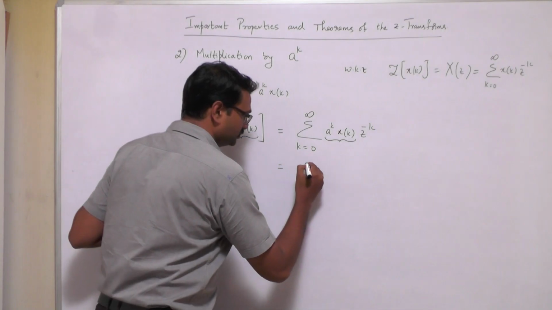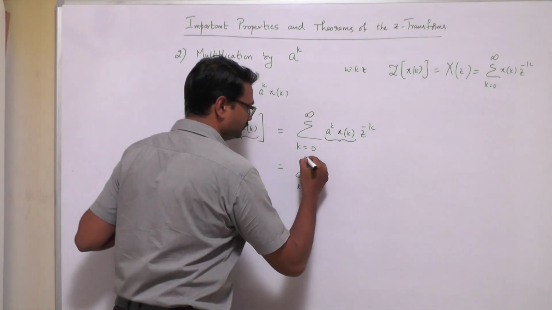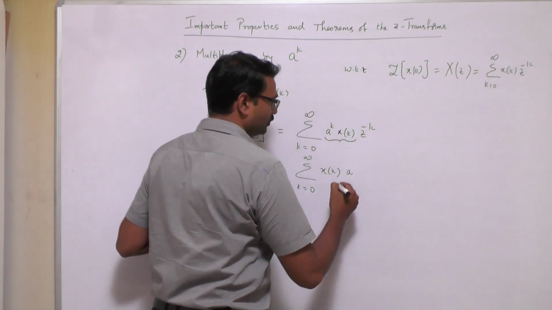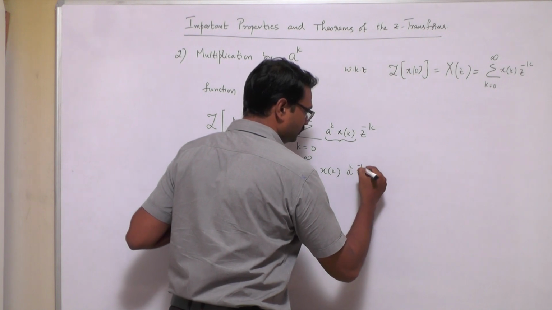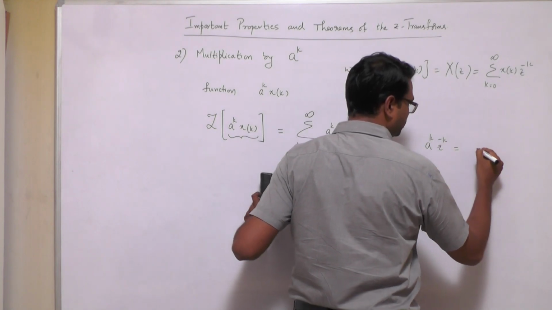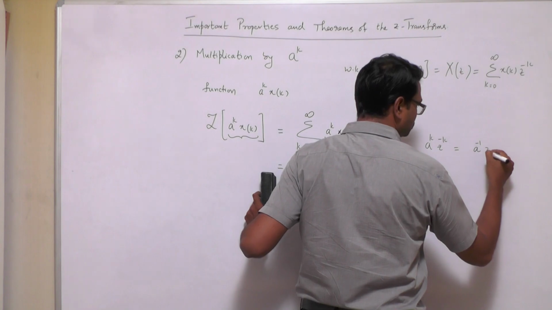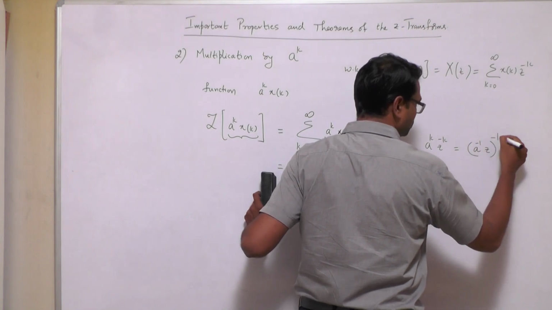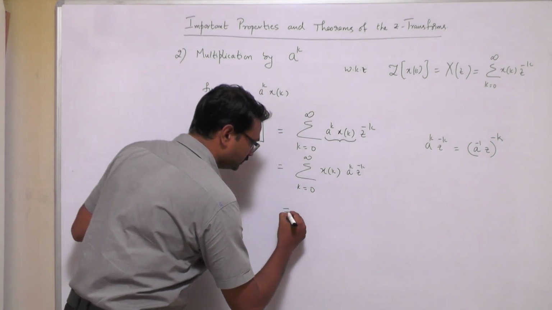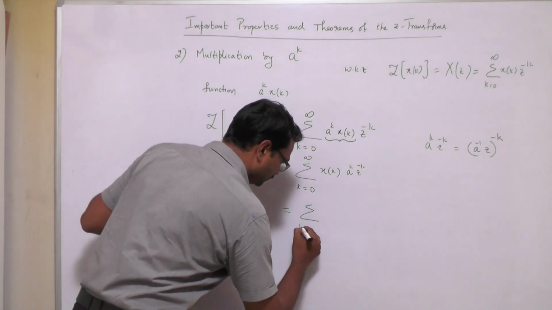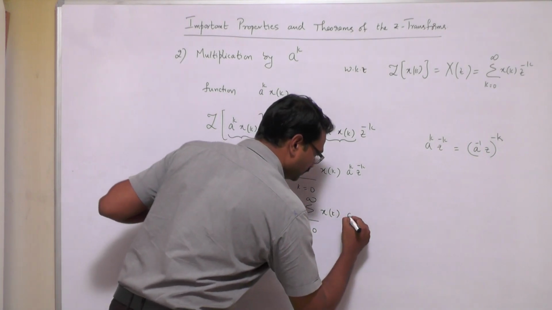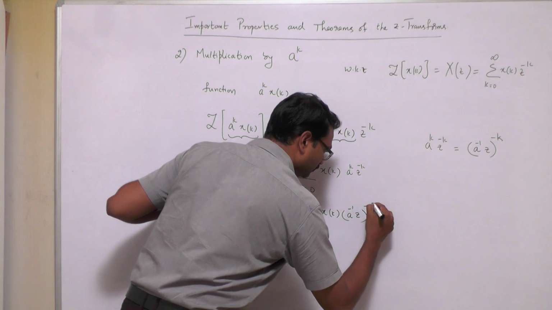If I just simplify or rearrange this, I can have x of k a power k z power minus k. Now a power k z power minus k can be written as a inverse z whole power minus k. Now you can simplify this as x of k a inverse z power minus k.